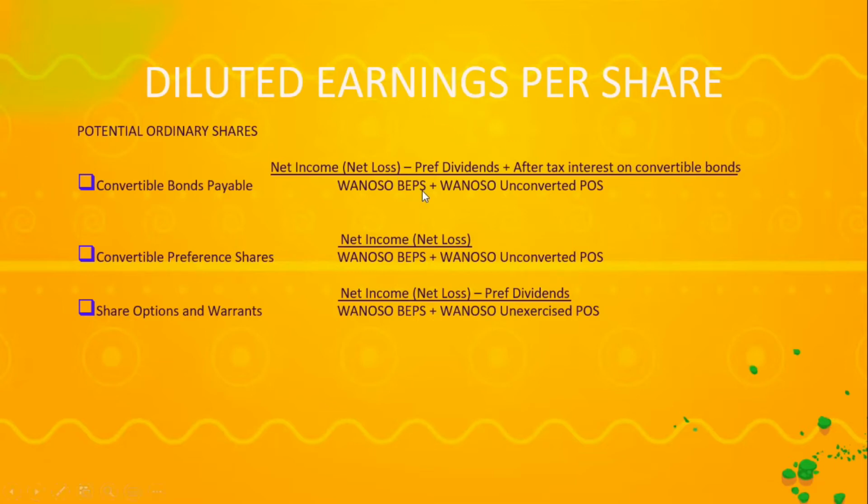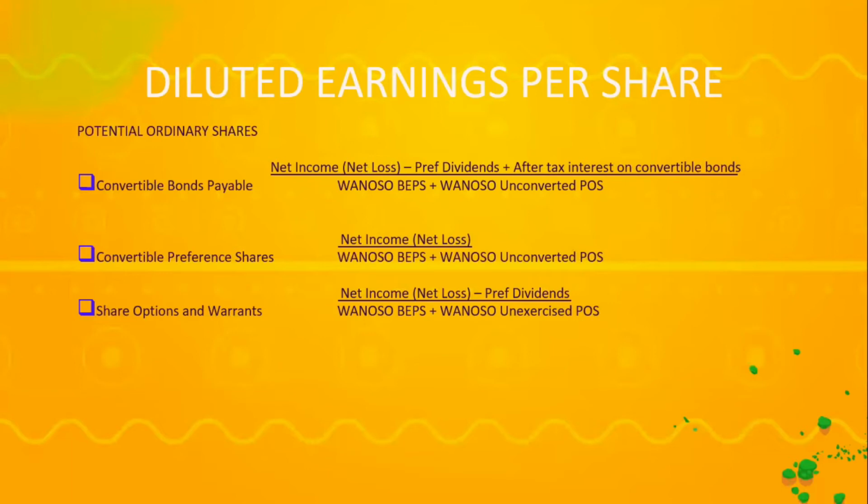Over it, the one also BEPS. So whatever we discussed last time, it's the same, plus the weighted average number of shares outstanding for the unconverted potential ordinary shares. Later on, we'll discuss this and illustrate it with problems so we can better understand the formula. Next, convertible preference shares.